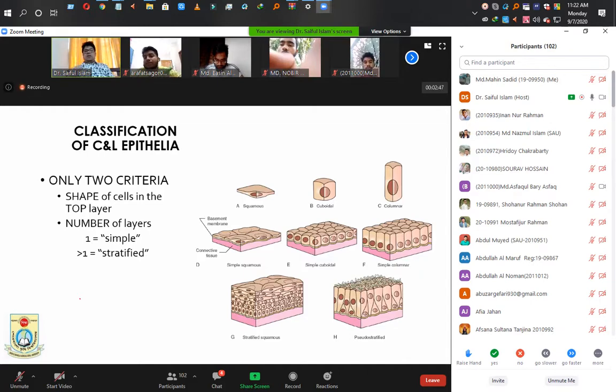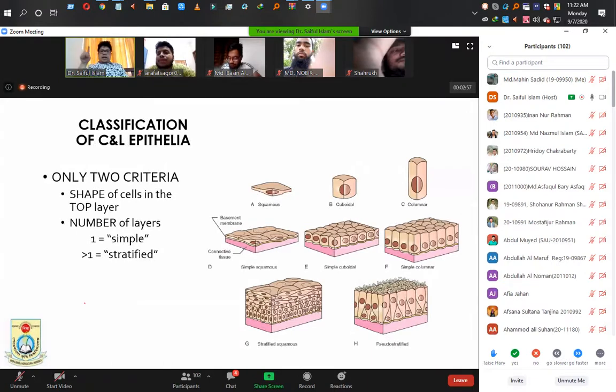And in the case of columnar epithelium, the shape of the nucleus will be oval, like an egg, and it will be near the basement membrane. So these are the key points for identification of any epithelia under LM.